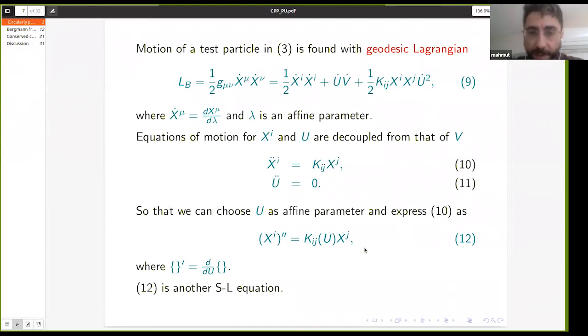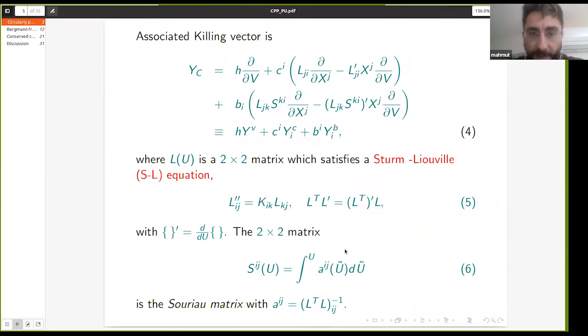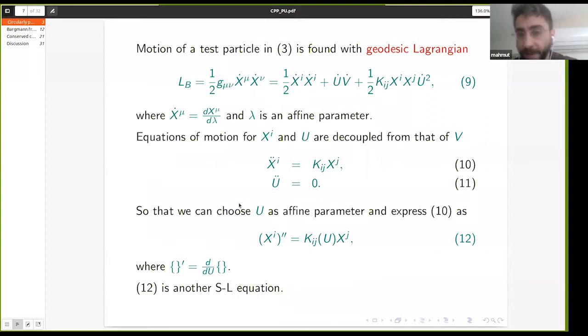It is very similar to the equation that we discussed here for this L matrix. So actually, these equations are related. If you are able to solve one of the equations, you can solve the other one automatically. And this prime means d over du.